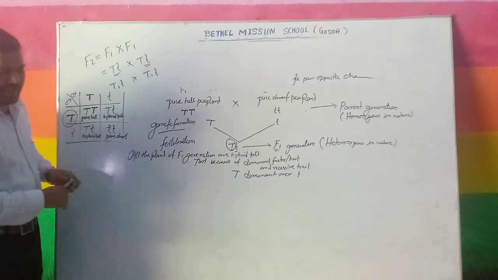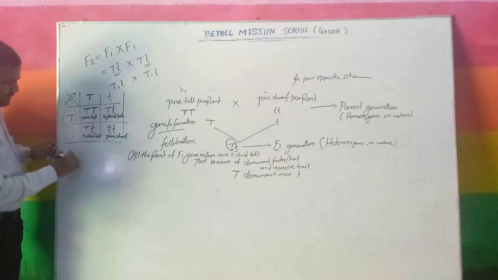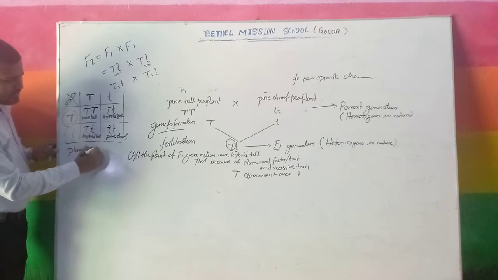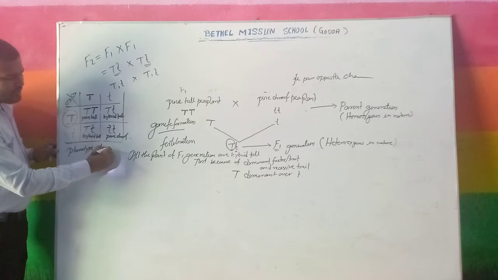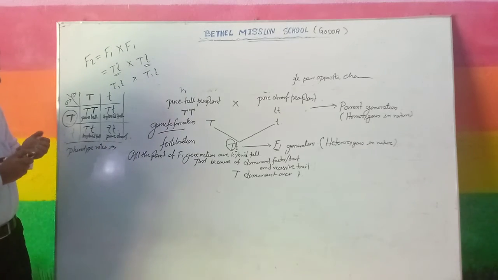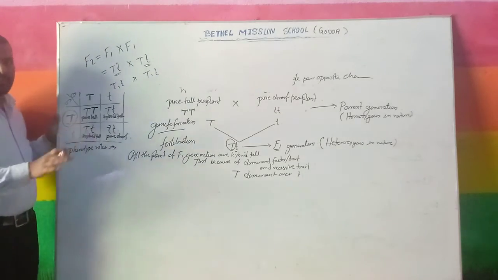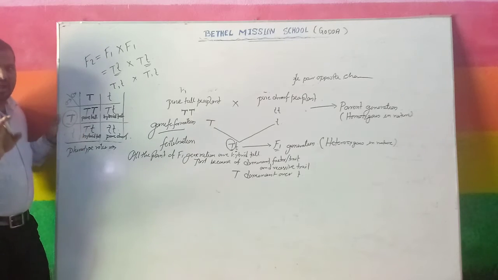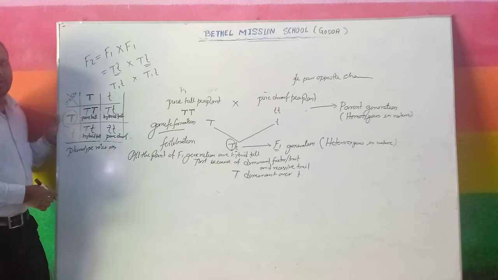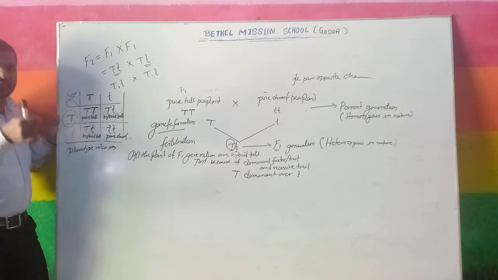Now, the phenotype ratio. Phenotype ratio means the morphological ratio or the external features containing ratio. Now, when we observe the tall plant, we can detect the tallness between the pure plant and hybrid plant. We are not going to measure, we are going to observe the plant.